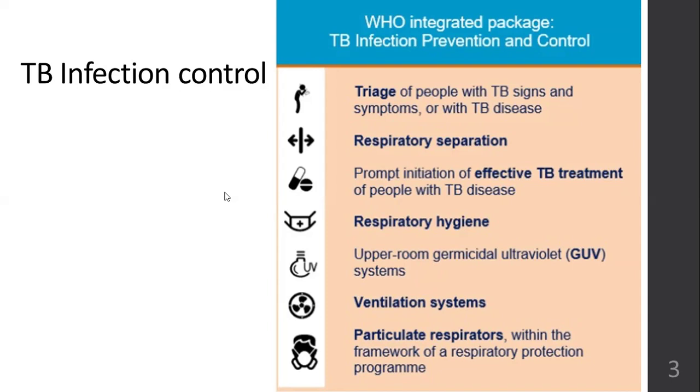Then ventilation system: proper ventilation should be available, and the air ventilation should be in all directions, north to south, south to north, east to west, west to east. In all four directions, air currents should be able to move properly.